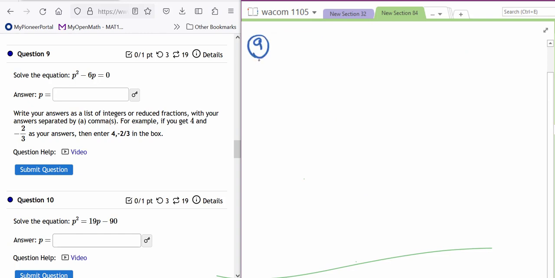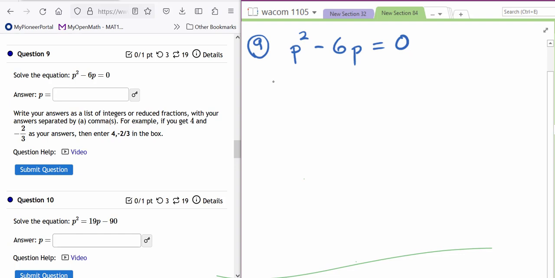All right, number 9. All right, so we have an equation. You see the equals, exponent of 2. So it is this kind. We do have a 0 on the other side, we are going to factor. So don't forget about GCF.